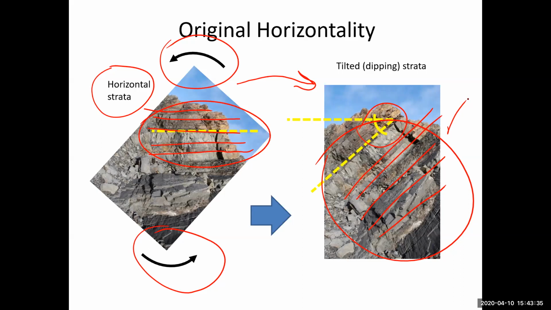We know from modern day observations that sedimentary rocks tend to be laid down flat to begin with. And so if we see a sequence of sedimentary layers or perhaps a sequence of lava flows that aren't flat anymore, they've been tilted, that is, they're dipping, then we know that the tilting event happened after the original deposition of the layers. And again, that's called original horizontality.